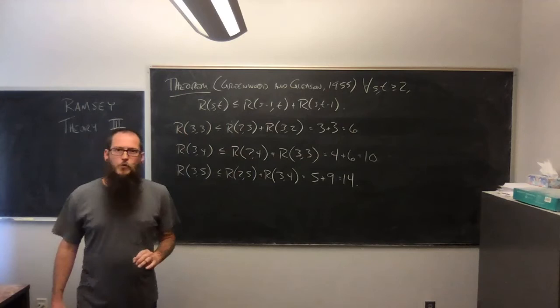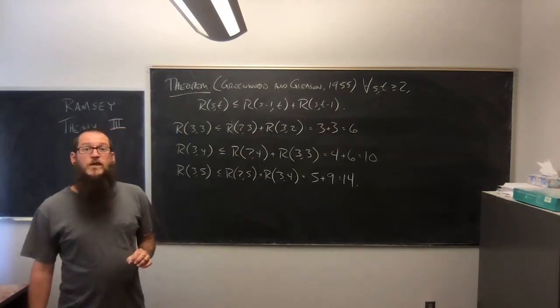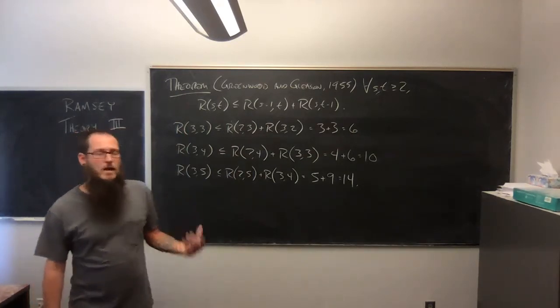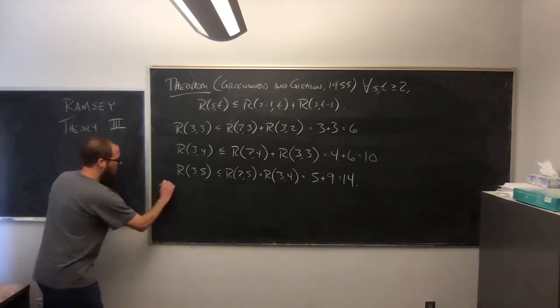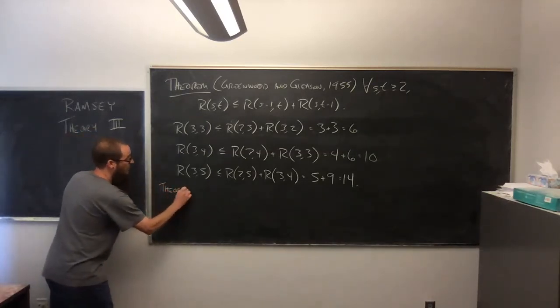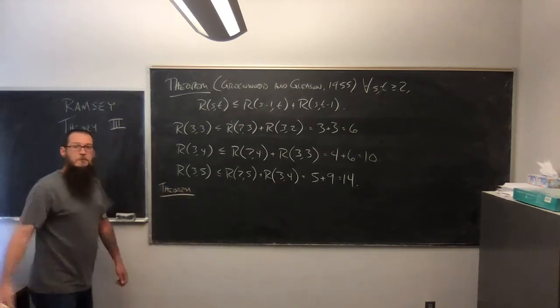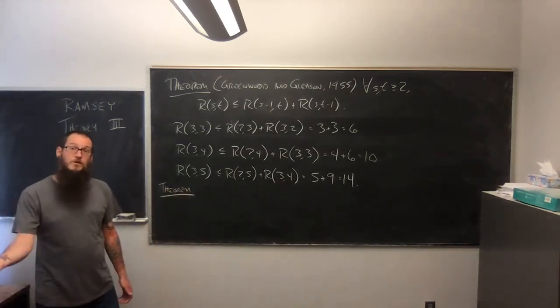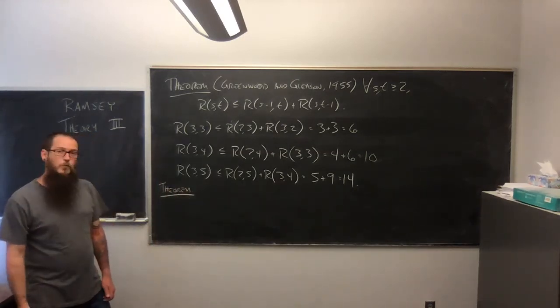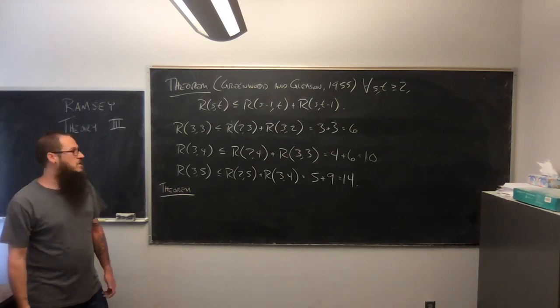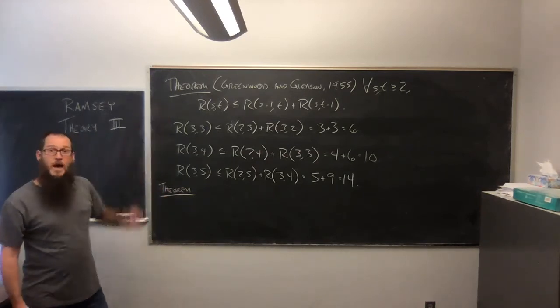Greenwood and Gleason also proved another result where they strengthened this slightly in a certain case. So I'm going to just state this as a theorem, and I'll encourage you to try and prove this on your own. If you're unsuccessful, you might take a look at Greenwood and Gleason's paper. It's not a very difficult proof to go through, but it is a variation of the result that we have up here.